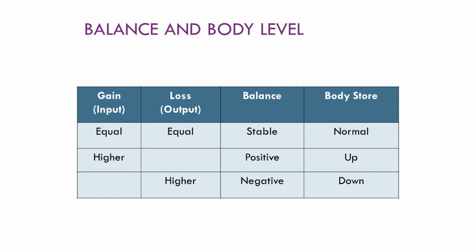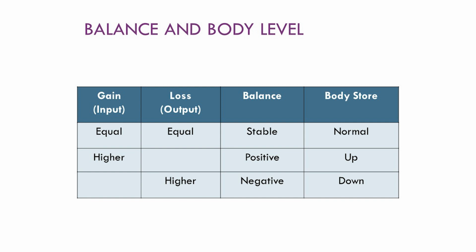For example, if your gain is equal to the loss, you have a stable water balance and a normal body store, because you have gain the same as your loss. But what if your gain is higher compared to your loss? That is what you call a positive balance.